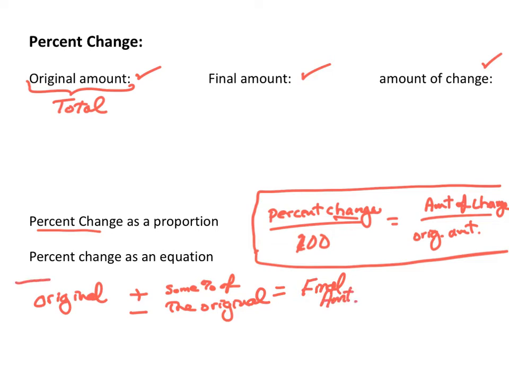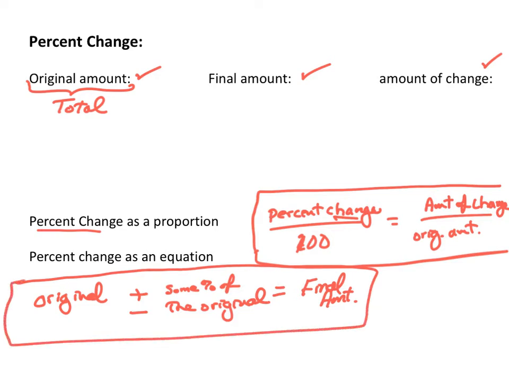Okay. This would also be a good thing to write down, put that in your notes. It's always true. Always start with the original amount. So if something changes and you want to figure out percent change or use a percent change to find something, always start with the original amount. It's never a good idea to start at the end, well, unless you're working backwards. But in this case, we're not.